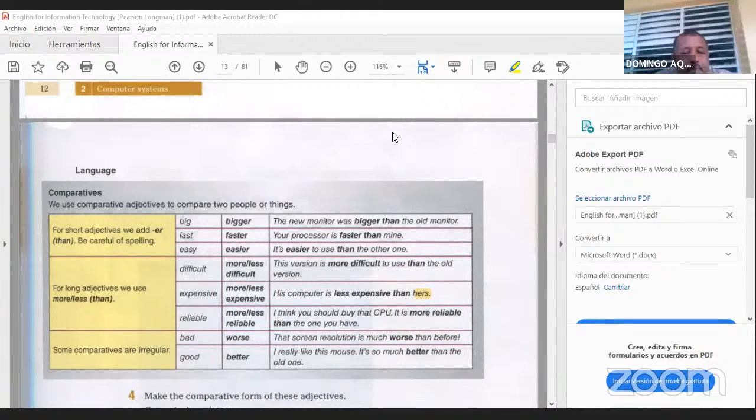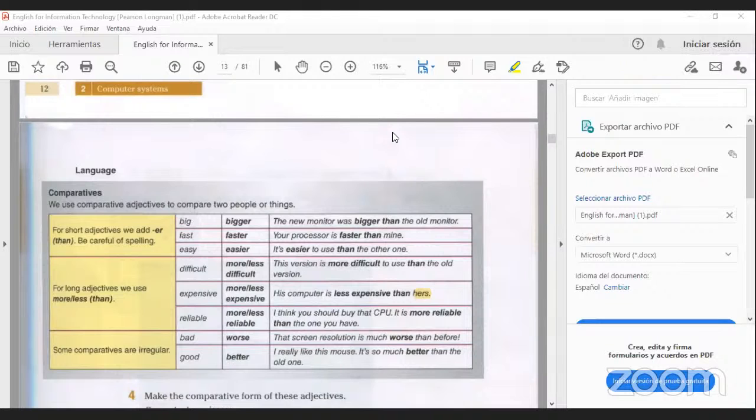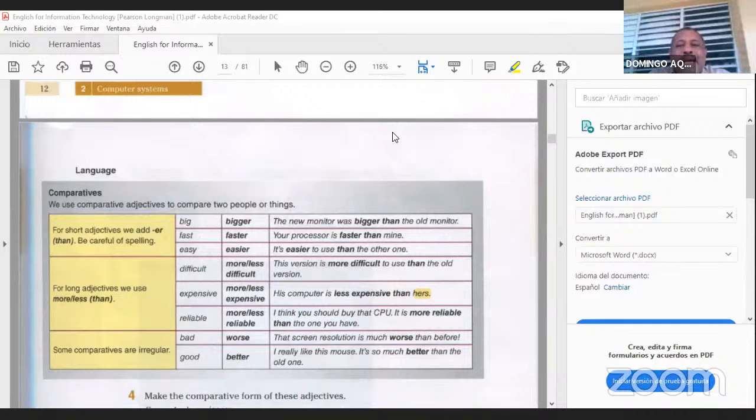Okay, give me an example. Hers is equal to suyo in Spanish. Example, the book is hers. El libro es suyo. Ah, the book is hers. Exactly. That's right.